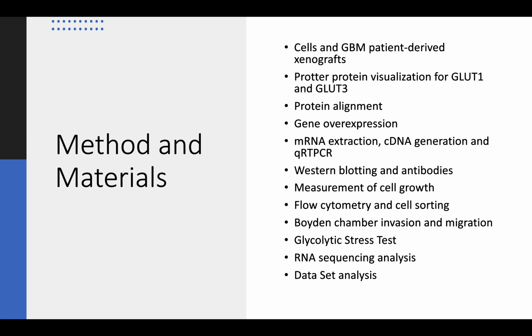So there are several methods and materials that were used in the paper. As one may notice, on the right side are the methods and materials, and these are the titles. Each one is the title of a methods and materials section of the paper.